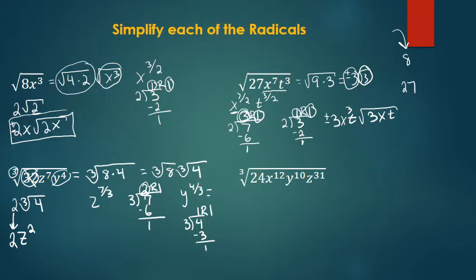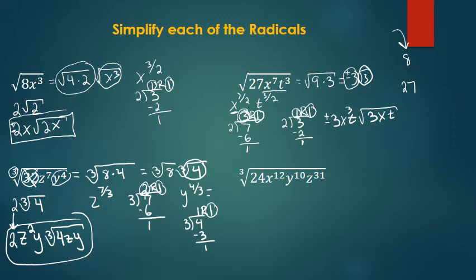Okay, so I have one y that goes on the outside, and then I have the cube root of, here's the numerical value that's left, and then for my z, I have a remainder of 1, so I get z. And for my y, I also have a remainder of 1, so I get y underneath. So this is my final answer, and it's a cube root, so it's just going to have one sign. It's not going to have a plus or a minus.